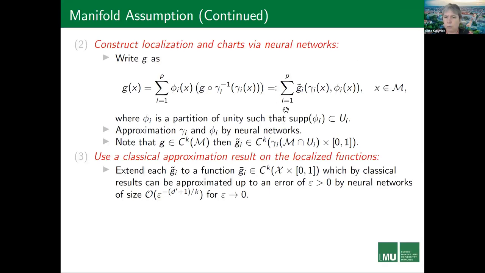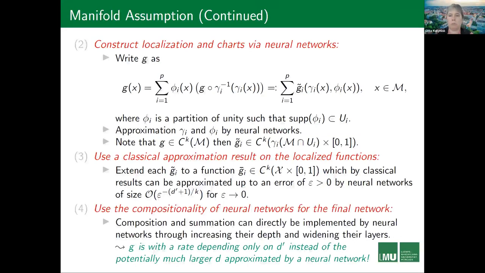Okay, good. Now you see my G can be decomposed in this way. I can approximate this and this and this part. I can approximate the sum by a neural network through properties of neural networks. And so then I can assemble my finite neural network, which now approximates G. If I count all the dimensions, I see that only D prime appears each time. So in that sense, I get a rate in D prime.